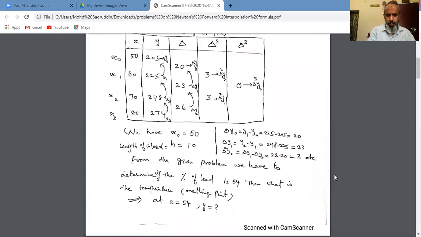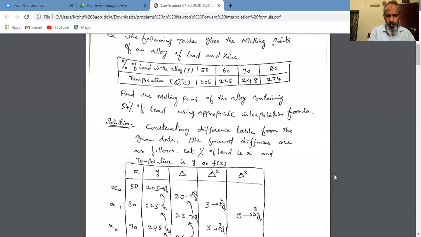We can construct the difference table by assuming X as the percentage of lead and Y as the melting point. At X equal to 50, the melting point is 205.